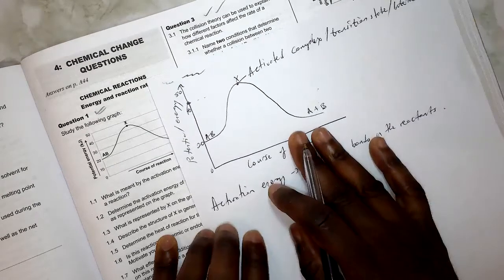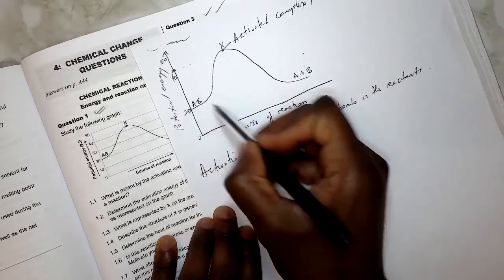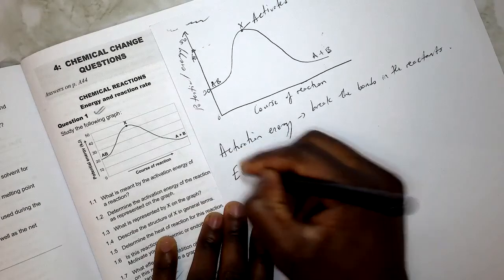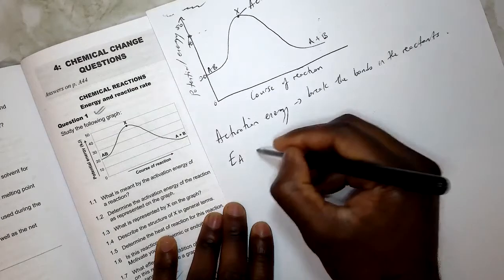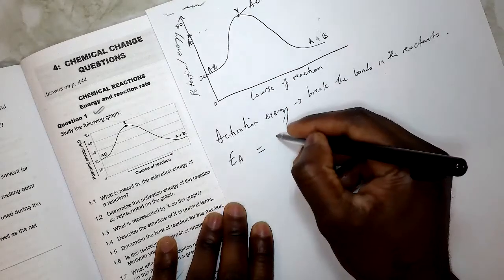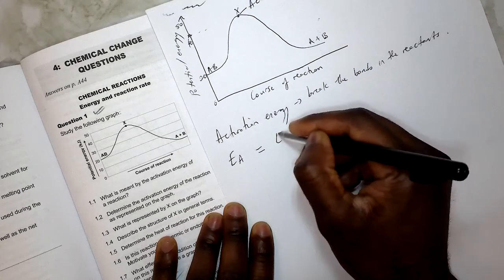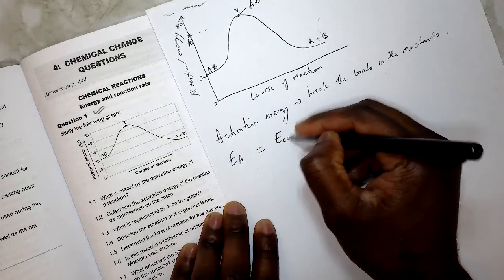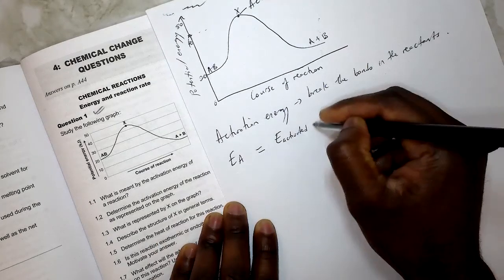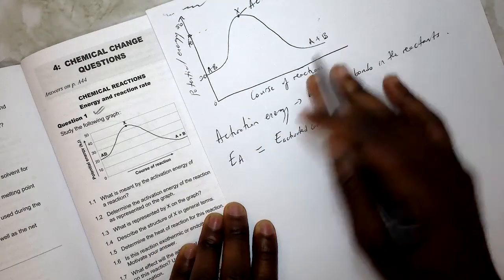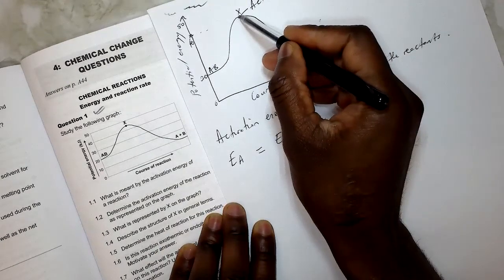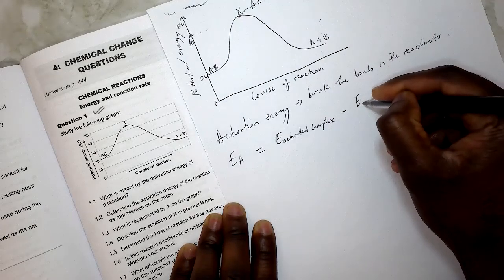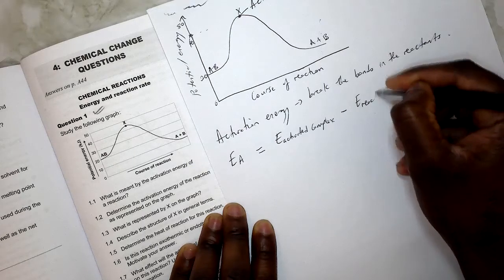Now here we are told to determine activation energy. Now activation energy, which is your EA, you must always remember that, is equal to the energy of the activated complex here, minus the energy of your reactants.